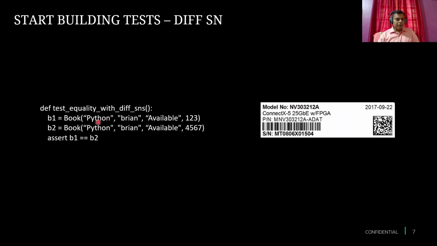In this case all the data are the same except the serial number, so this book should be counted as the same book. And that's what we are doing. We got b1 with 1, 2, 3, we got b2 with the 4, 5, 6, 7 serial number, and we are comparing and they are the same.